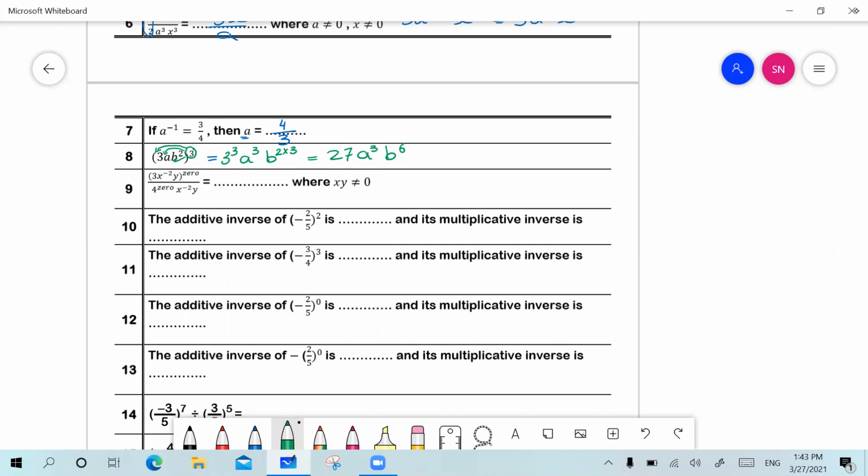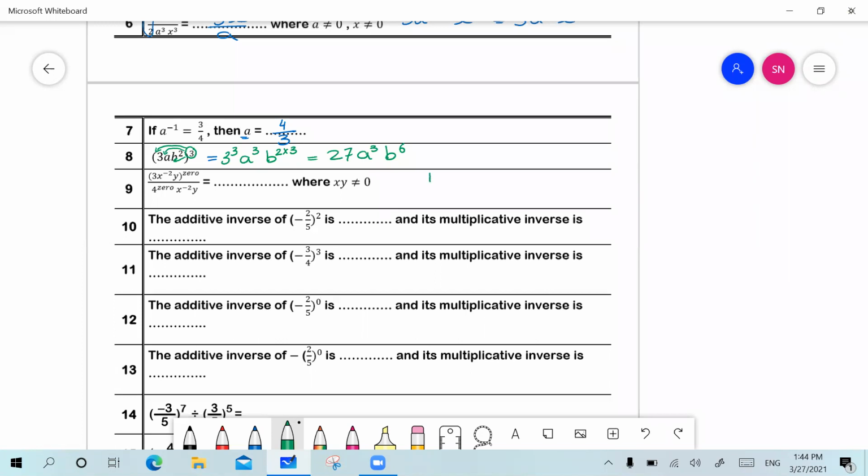Okay, number 9. 3x to the power of negative 2y all raised to the power of 0 over 4 to the power of 0 x to the power of negative 2y. Aya? Since the numerator is all raised to the power of 0, it's equal to 1.